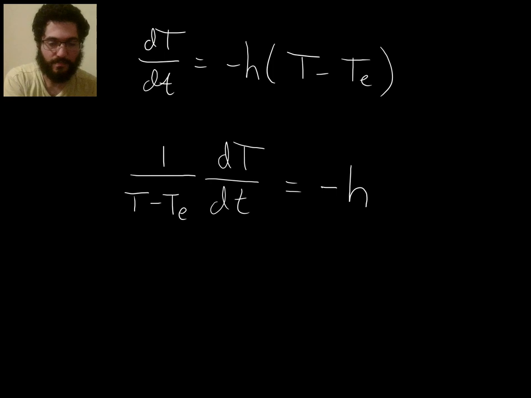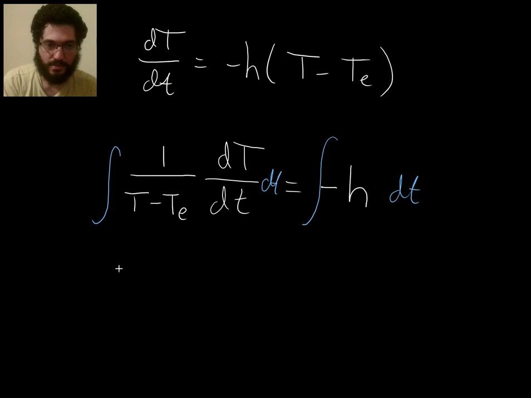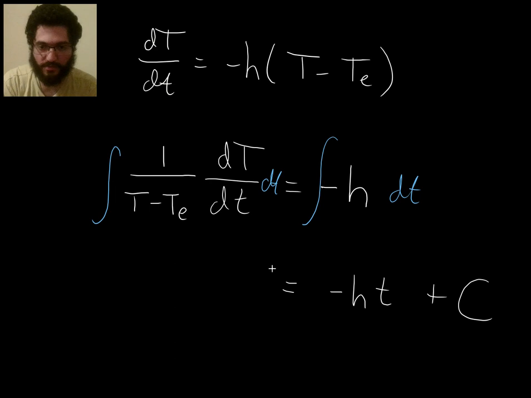Now, integrate both sides with respect to little t. So I get, well, let's do the right side. The right side is easier. That's just minus h t, and there's a plus c. And the left side will also have a plus c, but I only need to put the plus c on one side.